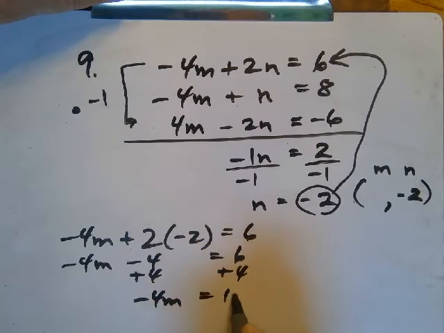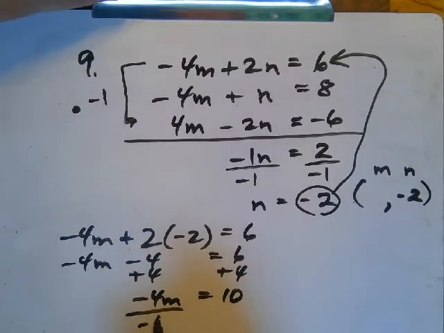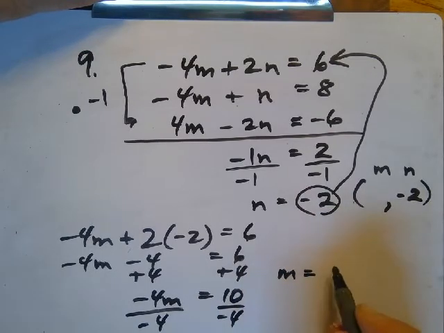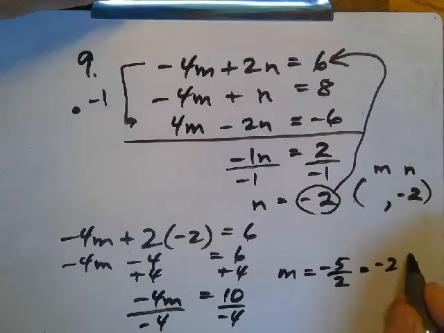Negative 4m equals 10. And divide both sides by a negative 4. And I end up with m equals, reduce that fraction to negative 5/2. Or that's a negative 2.5 if you want to write it that way. Doesn't really matter, you can write it either way.